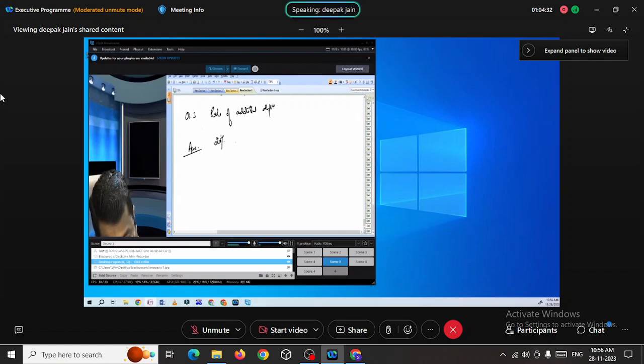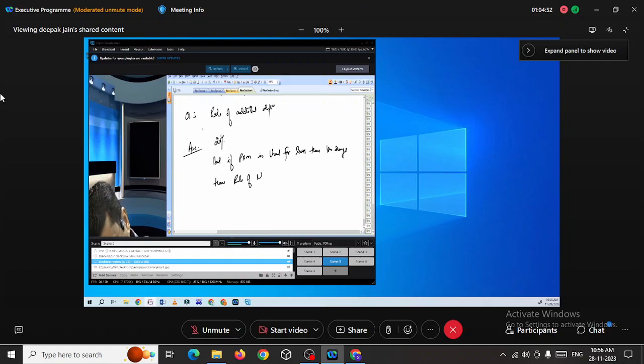But if asset is put to use for less than 180 days, then rate of normal as well as additional depreciation both shall be reduced to half.